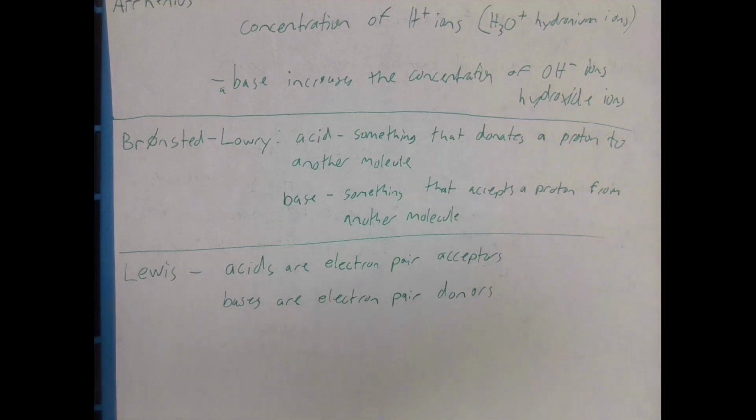Do I have that backwards? A Lewis acid is any species that contains an empty orbital which is capable of accepting an electron pair. So yes, they are acceptors.